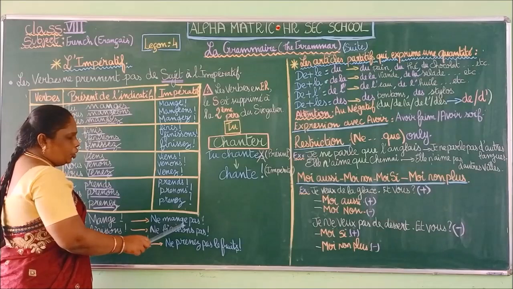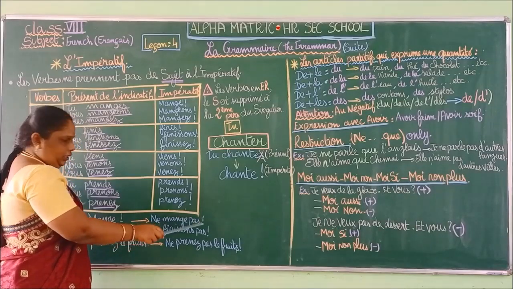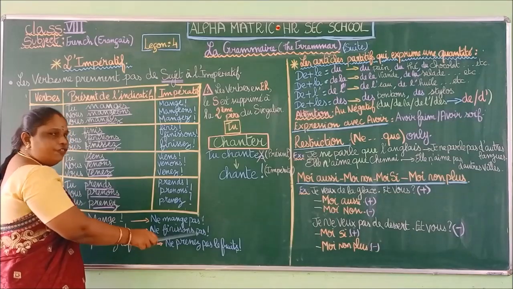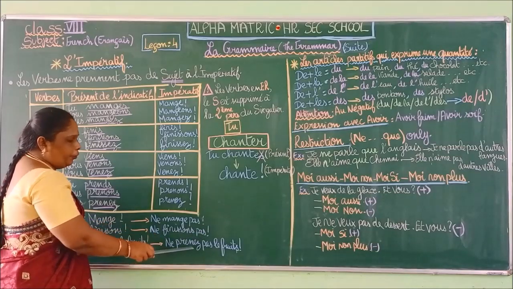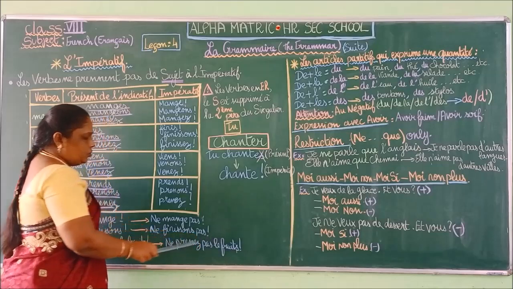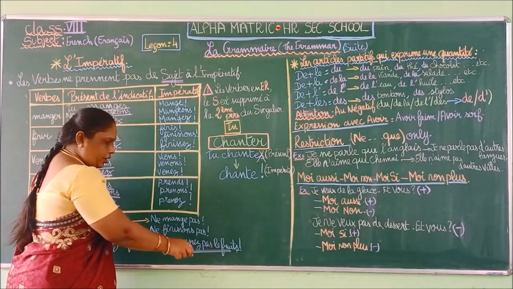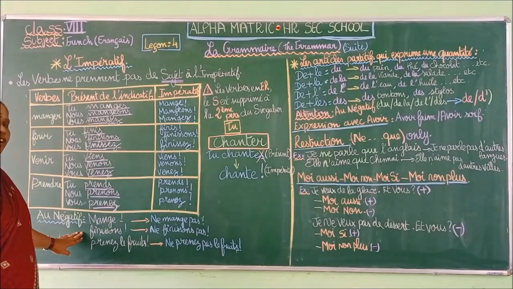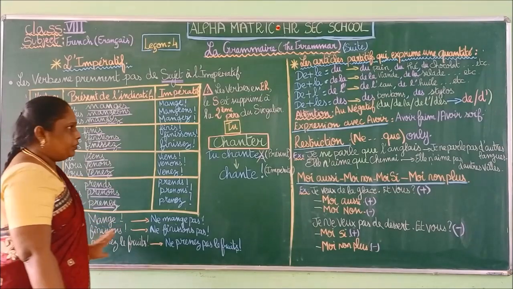So ne mange pas. Do not eat. Ne finissons pas. Let us not finish. Ne prenez pas les fruits. So don't take fruits. Okay. So these are the negative forms for the imperative.